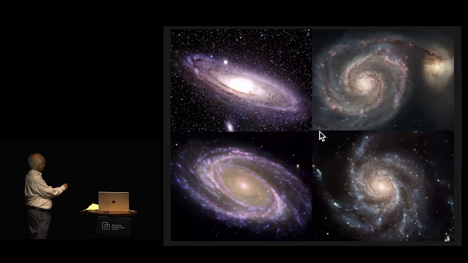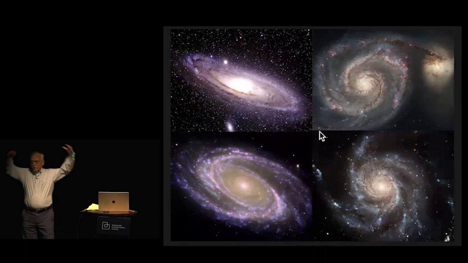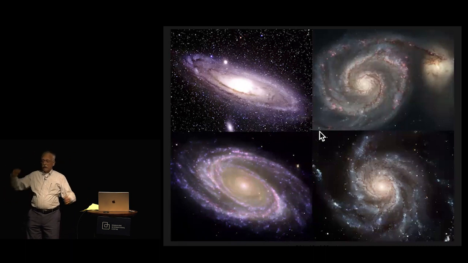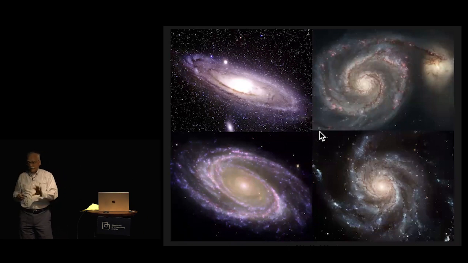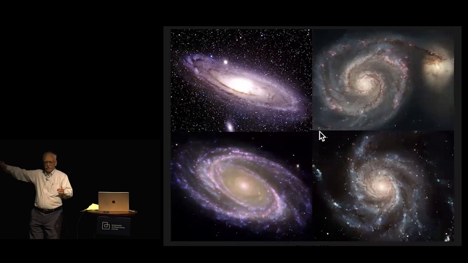If I remember right, this is a dwarf galaxy which is in orbit around Andromeda. So Andromeda has its own collection of smaller galaxies which are orbiting around. We have our own collection of smaller galaxies. And in fact, we and Andromeda form a so-called group, a single entity together. And so there are smaller entities inside that, dwarf galaxies. So galaxies come in all ranges of sizes.